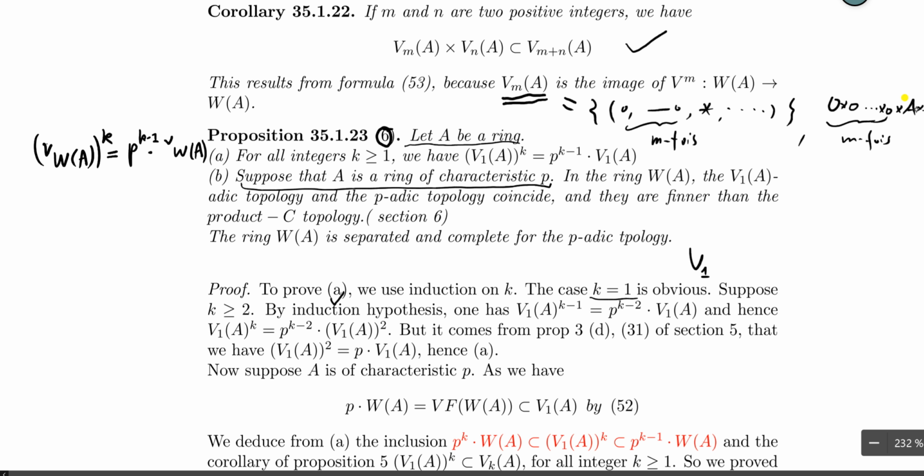It's V1A equals p to the power 0 times V1A, so there's nothing to prove. Suppose k is bigger or equal than 2. By induction hypothesis, we want A to the power k equals p^(k-2) multiplied with V1 multiplied with V1 squared.